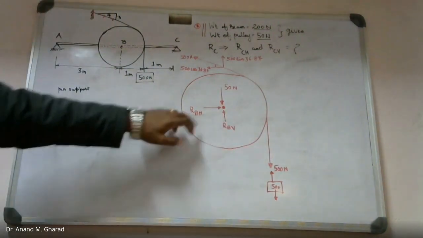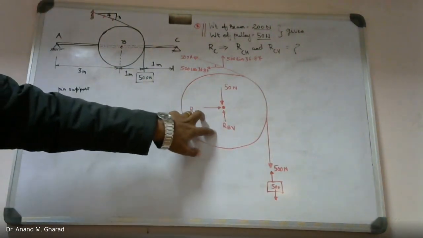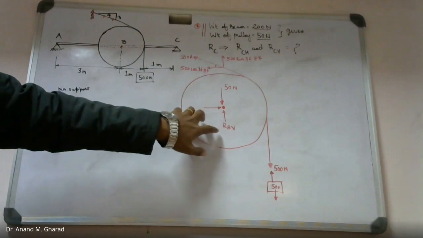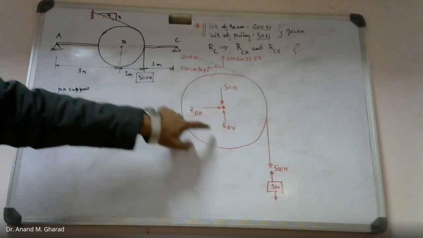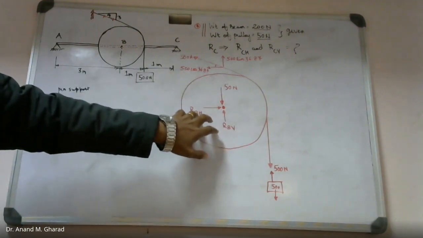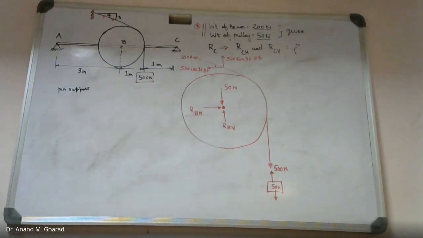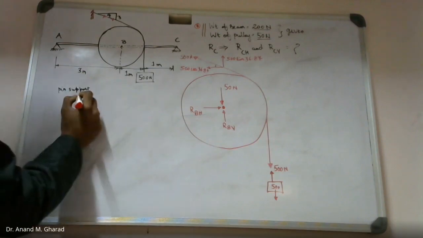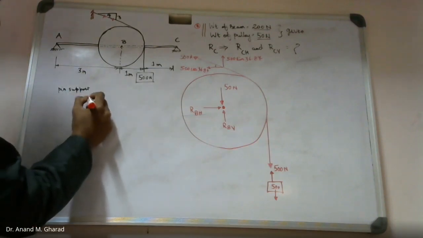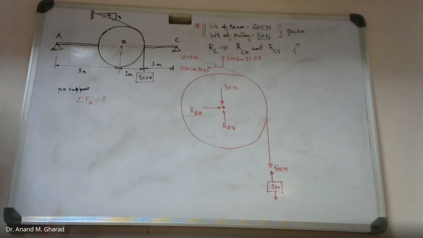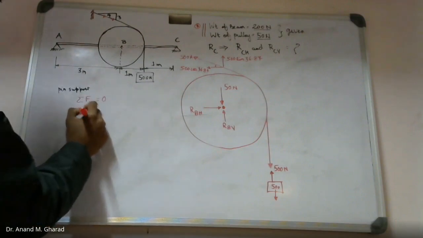So over here you can see there are only two unknowns, right? And with the help of this free body diagram, we will be in a position to identify the RBH and RBV values. So can you please find out these values? In order to find these values, summation of force in x direction, equate them to 0. How many forces are there?